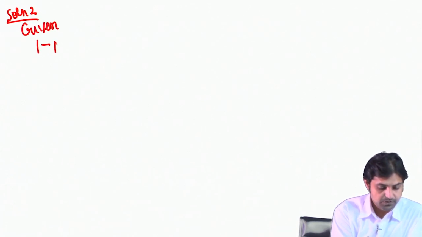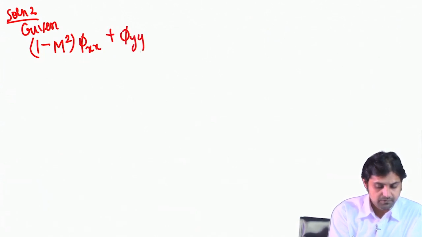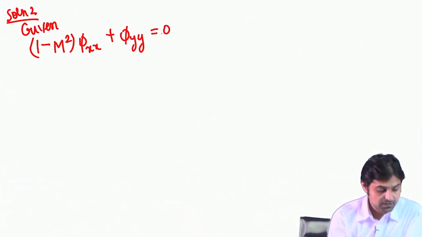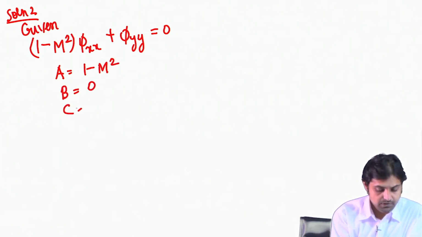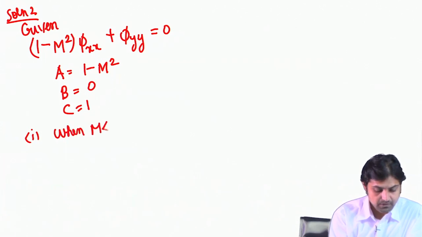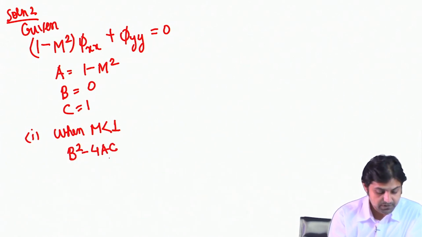Okay, so the equation given is (1 minus m square) phi xx plus phi yy. So drawing the analogy from the general equation, we write a is equal to 1 minus m square, b is 0 and c is 1. So the first part, when m is less than 1, we have to calculate the value of b square minus 4ac.